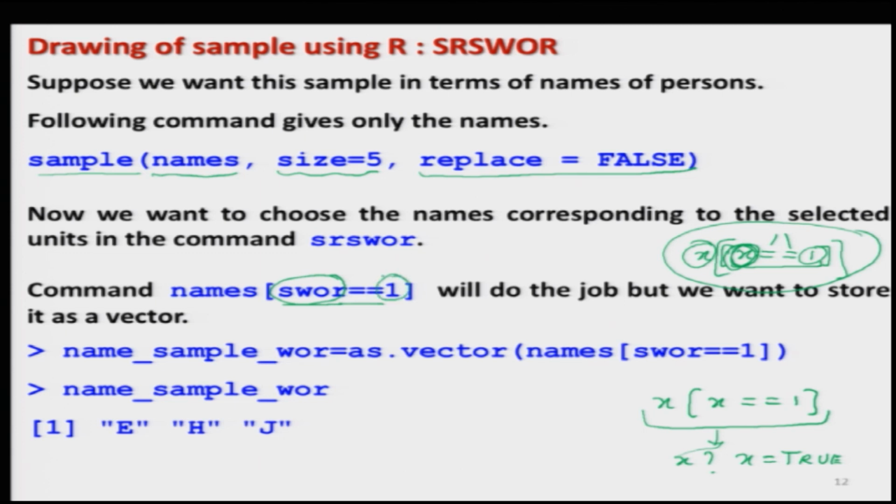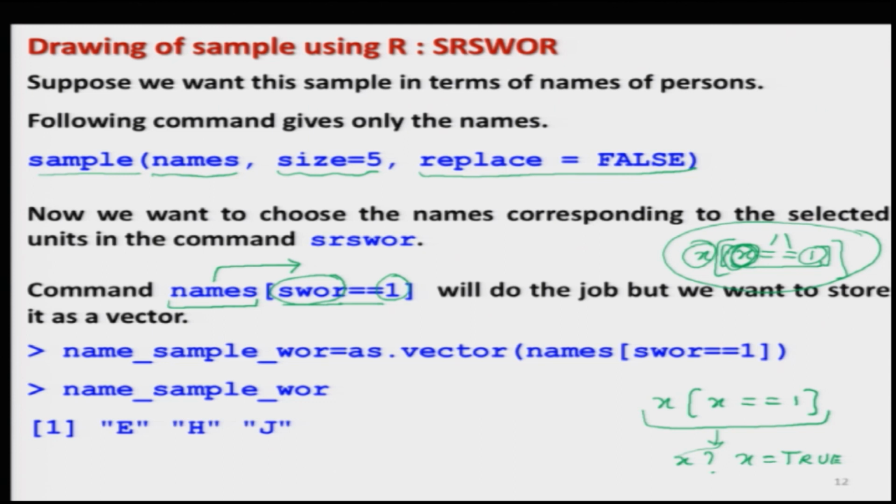And now I am asking, please tell me the corresponding names. If I combine both sentences, I can say very simply: Mr. R, please tell me the values in the names vector corresponding to the data vector SWOR where the SWOR values are 1.